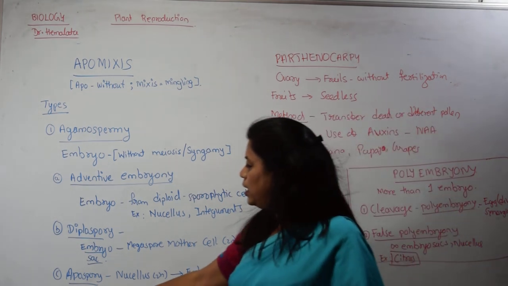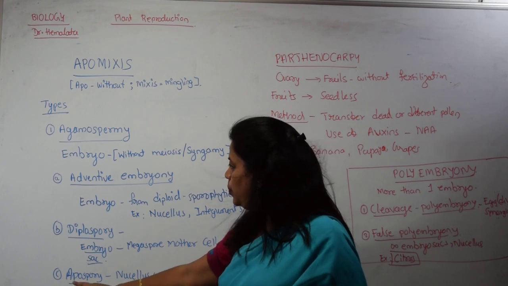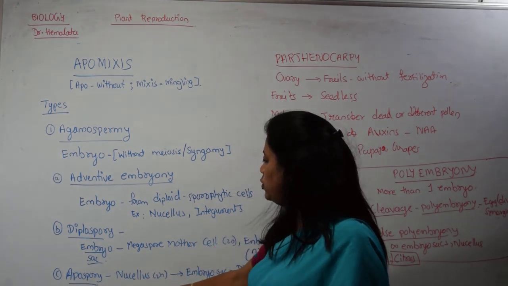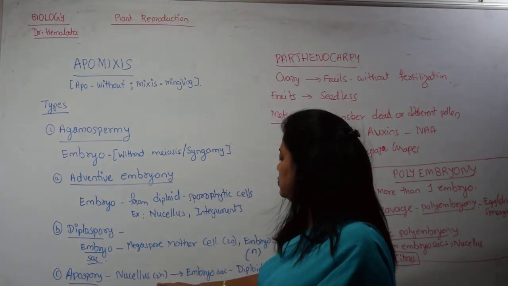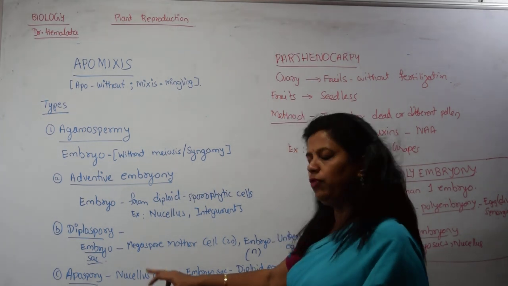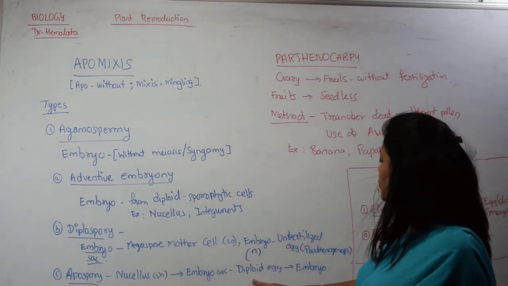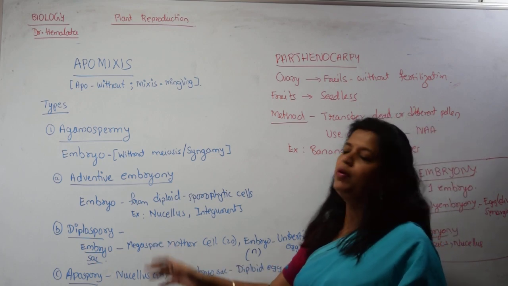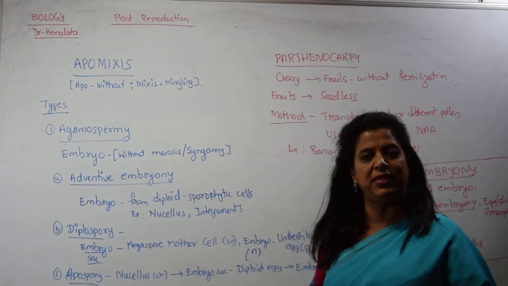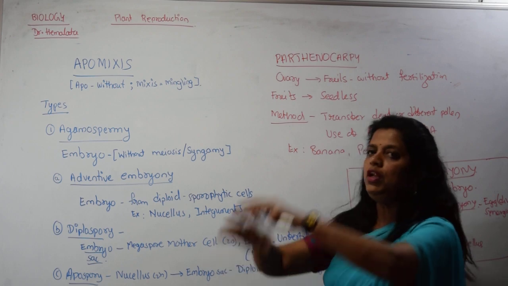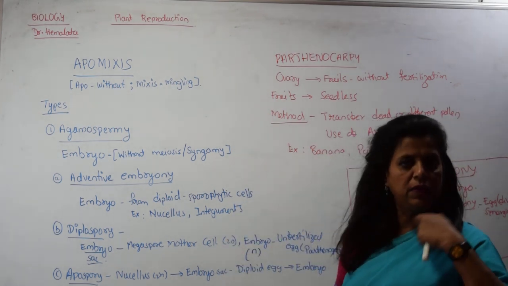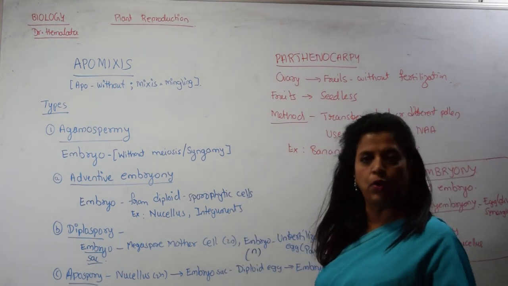Then the last one is apospory. What is apospory? The nucellus, which is diploid in nature, will form an embryo sac, because the embryo sac is not formed from the megaspore mother cell. Therefore, if the nucellus is forming the embryo sac, whatever it is producing is diploid.